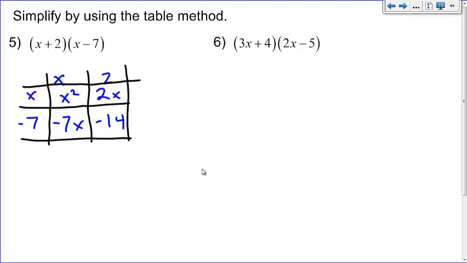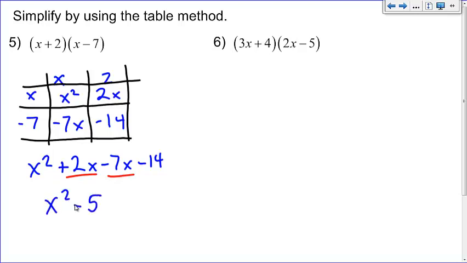Now to finish the job, we actually have to combine all four of these terms, so I'll write them all out. x squared plus 2x minus 7x minus 14. And make sure, again, common terms, you've got to combine them. So x squared minus 5x minus 14.